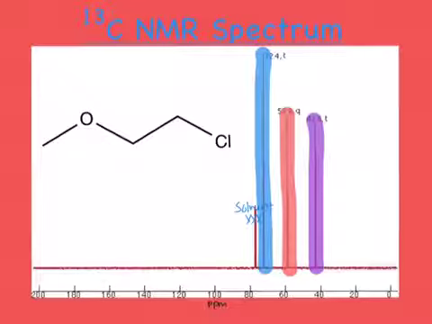By looking at the values of the chemical shift, a peak at 50 to 90 is a CH2 oxygen bond resembling this carbon, and a peak from 30 to 60 represents a CH2 chlorine bond, which would be this peak. The remaining peak represents the carbon with 3 hydrogens attached, since it is the least electronegative and thus having the smallest chemical shift.